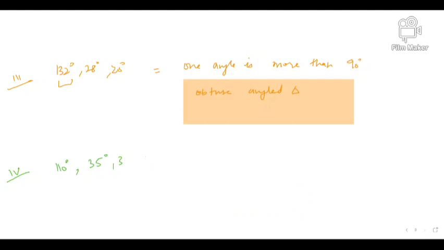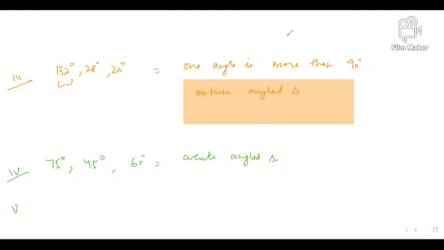This is the fifth part. Fourth part is given as 75 degree, 45 degree, and 60 degree. So we would call it acute angled triangle. Why? Because all the given angles are of less than 90 degree.